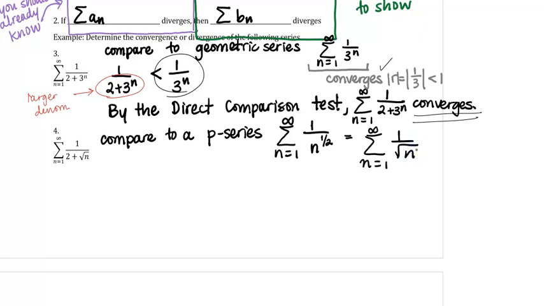Now first, let's discuss whether or not this series, the one that we're comparing to, converges or diverges. In this case, p is equal to 1/2, which is less than 1, and a p-series only converges if p is greater than 1. And so this series diverges.